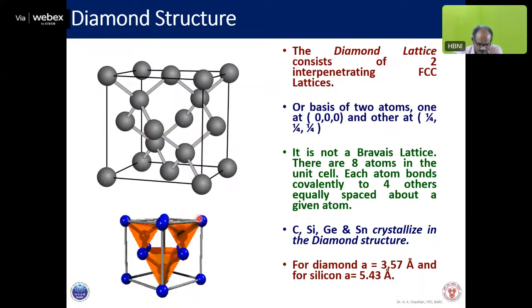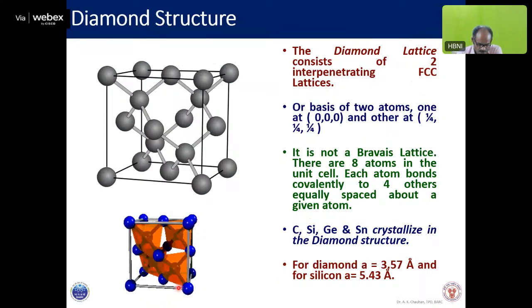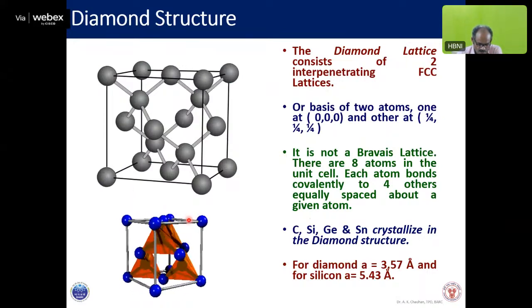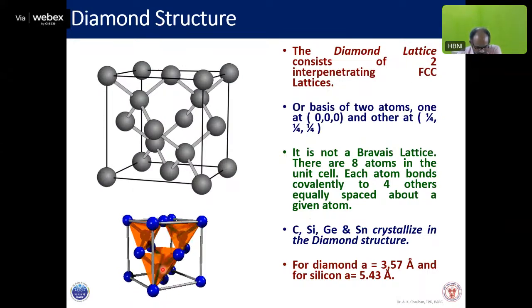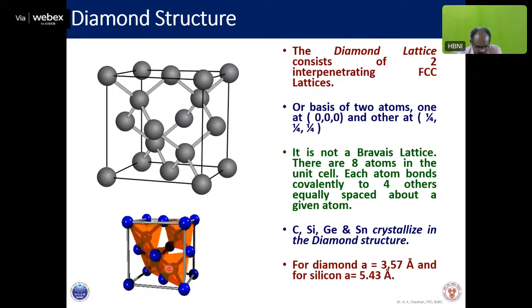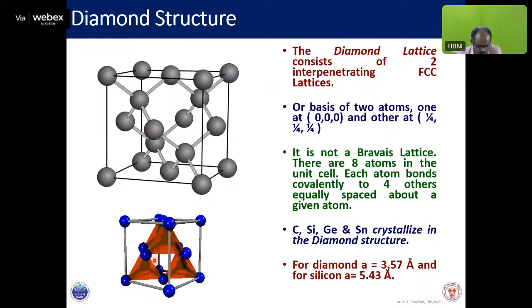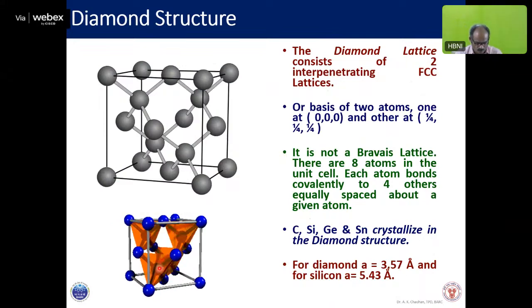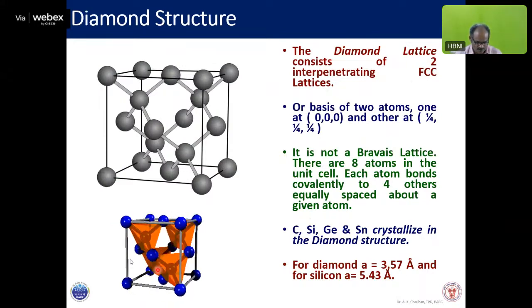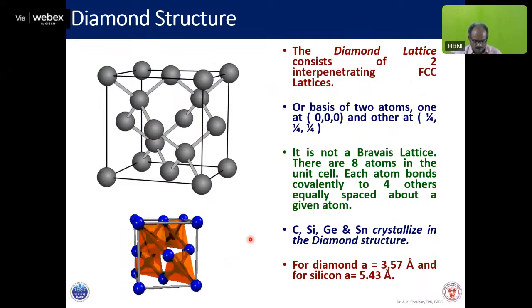There are 8 corners, carbon or silicon at every corner, and then in between you have atoms at 1/4, 1/4, 1/4 distance.